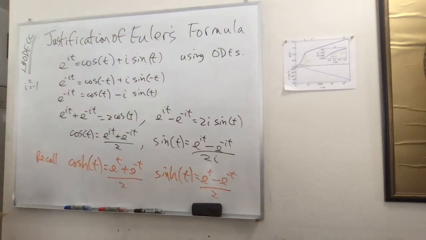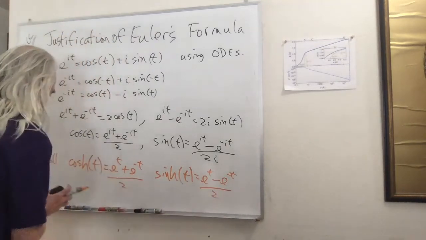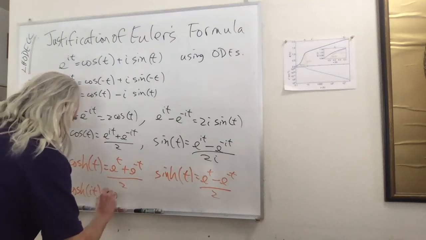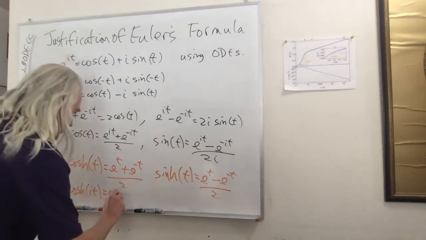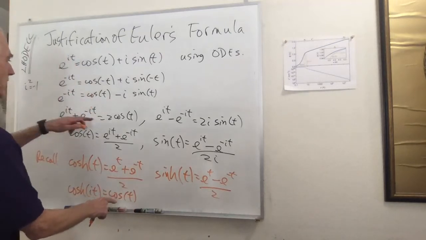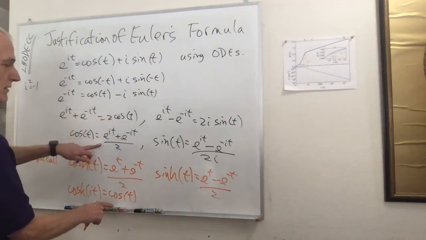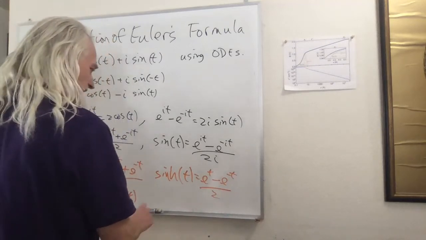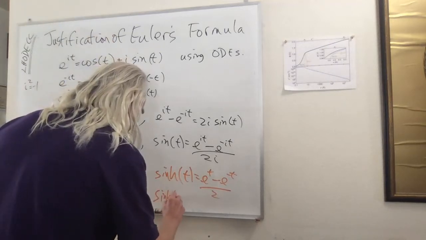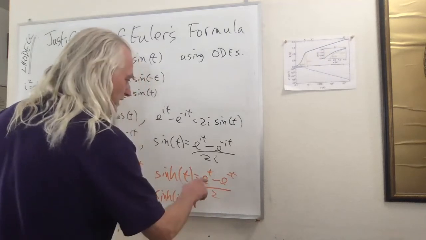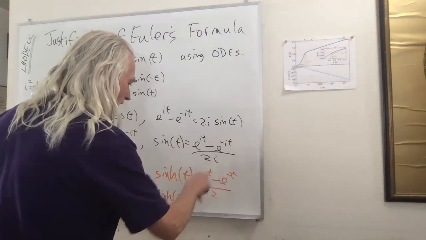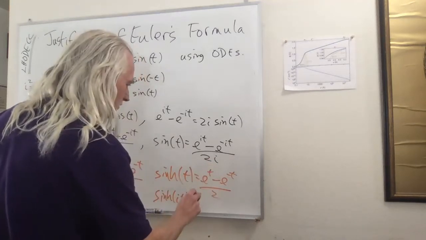And while we're at it, that means that cosh of it is cosine of t. If I replace t by it, I get this formula. And what do I get here if I replace t by it in sinh?